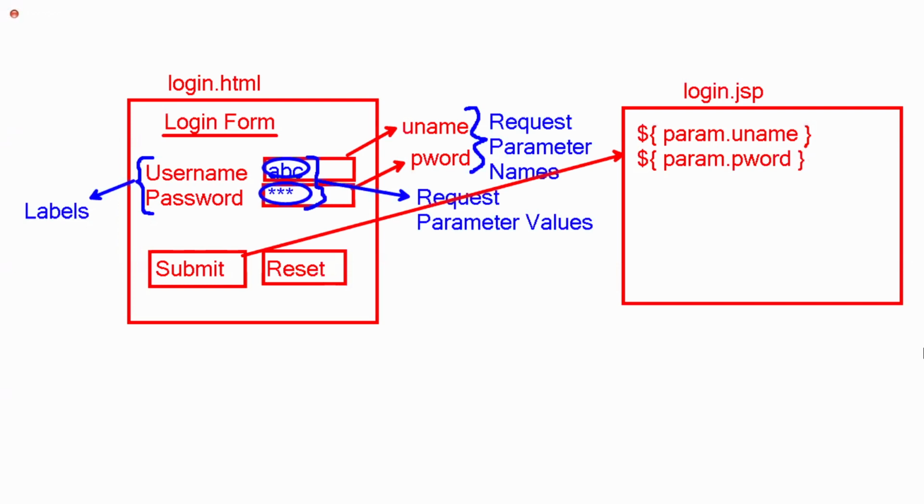Actually, scriptlet is required for us, but to write scriptlet, JSTL is required. I didn't explain JSTL. That is the reason I'm explaining param.uname, param.pword with expression language. So instead of writing the request.getParameter method, you can write like this. New style. Note this example.